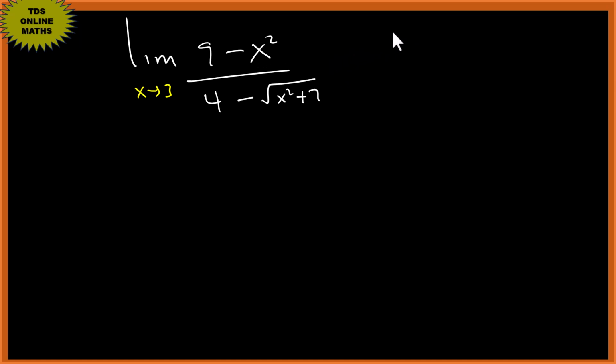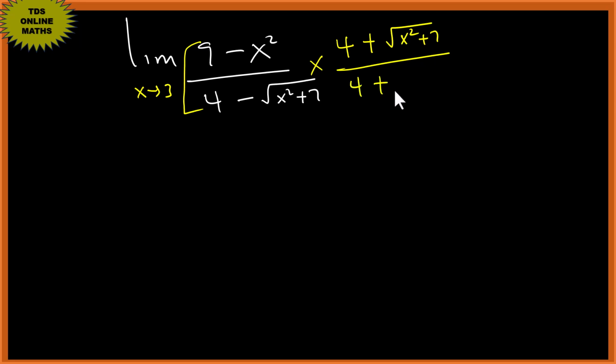So let's reduce this by rationalizing this. I'll take the conjugate of the denominator, 4 plus the square root of x squared plus 7.